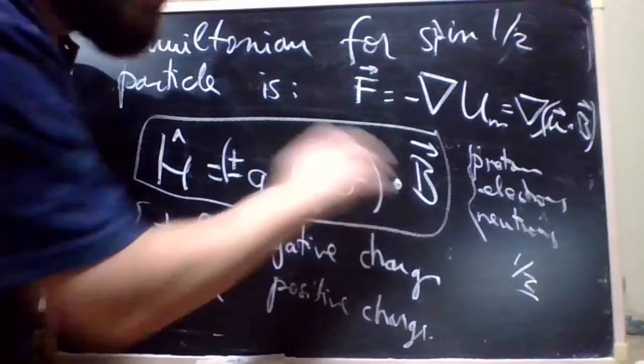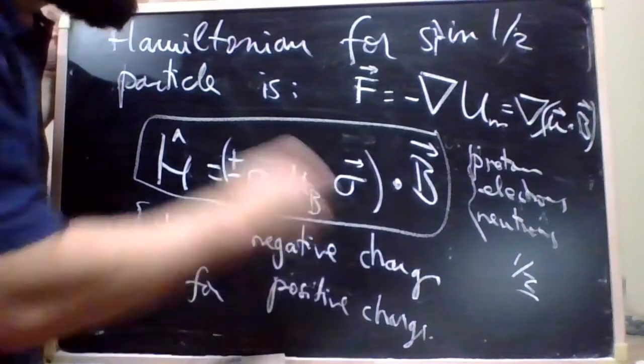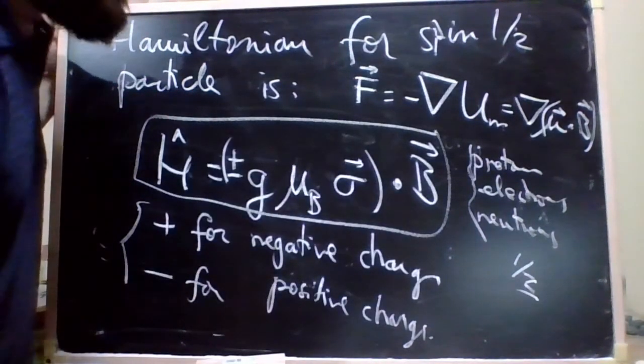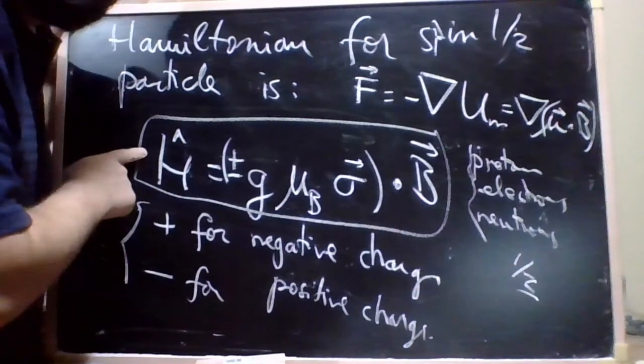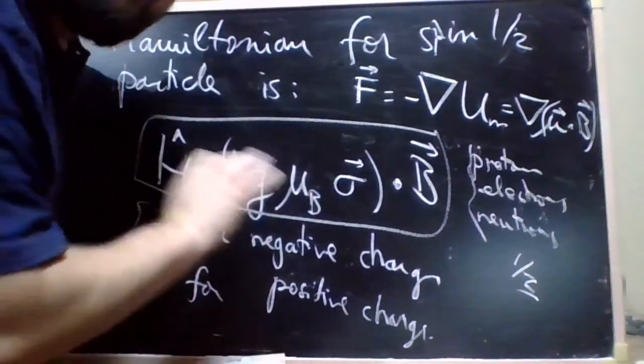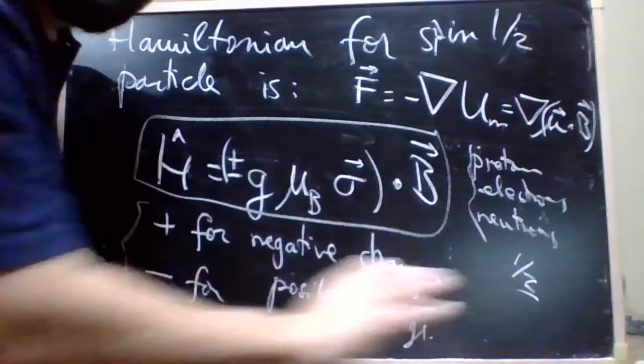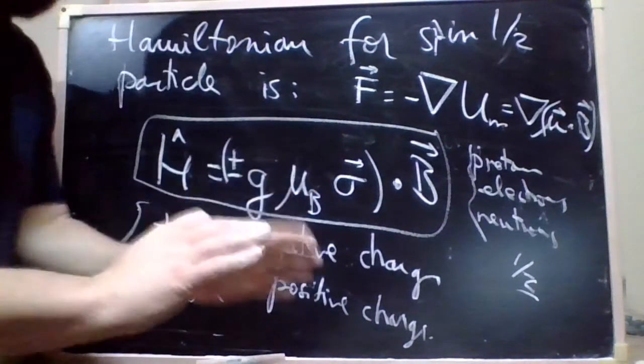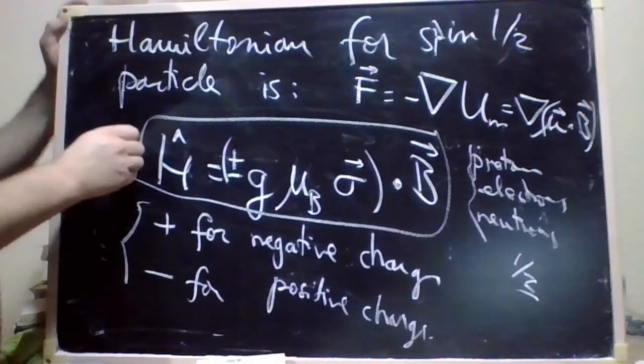And they couple to magnetic fields. And the description of the result is provided by this Hamiltonian when you look only at the spin degrees of freedom, all right? If you're interested only in spin degrees of freedom, this is the Hamiltonian.